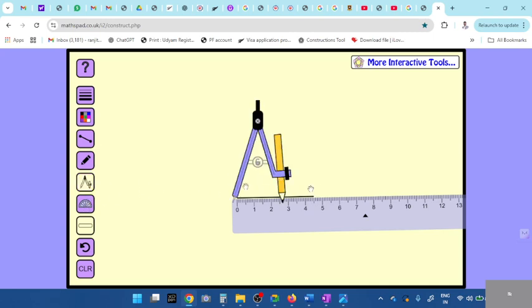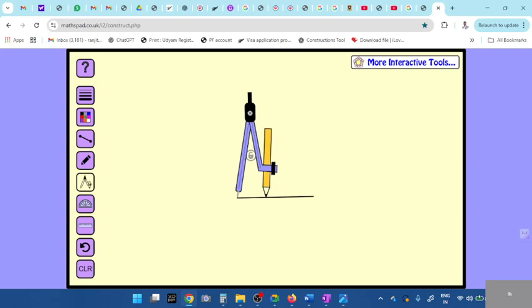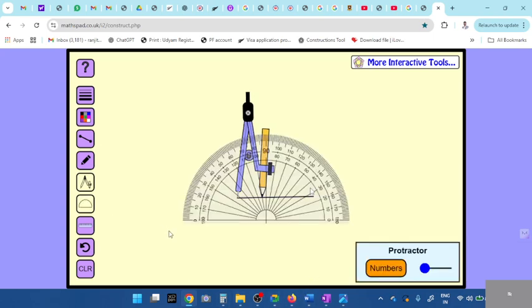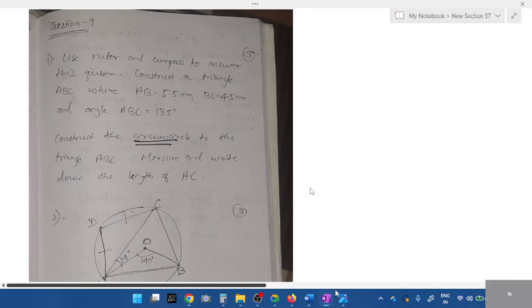Next, 135 degrees. For 135, it lies between 90 and 180, students. Look, 135 degrees.